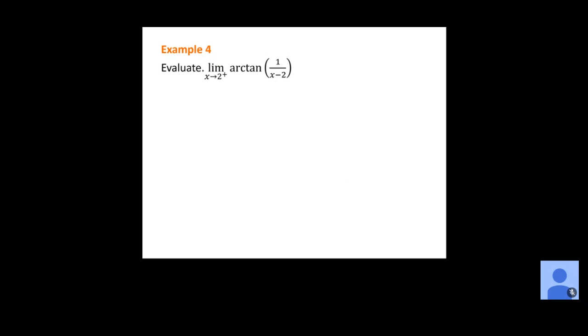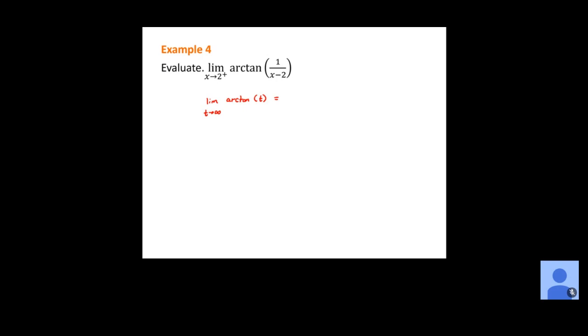It is going to be positive since we're approaching 2 from the right-hand side. So that value in the denominator is always going to stay positive. So what we're really looking at then is the limit as some t value approaches infinity for the arctangent of t, right? I'm basically saying that fraction is approaching infinity. And so if I think about the limit as t approaches infinity for arctangent, that's going to be my limit.